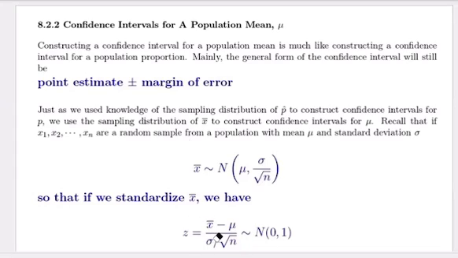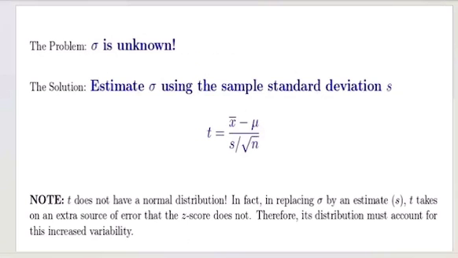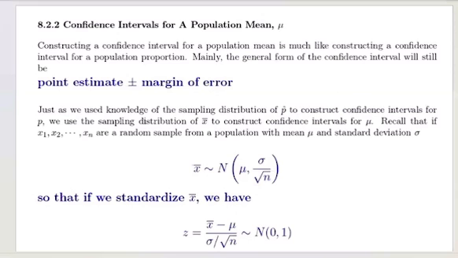Okay, we're using the idea of chapter 7 now. When you take a look at the formula here, Z, when we're trying to standardize X bar, the sigma in that formula is called the population standard deviation.